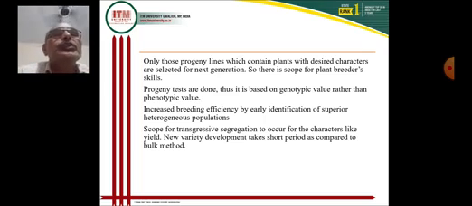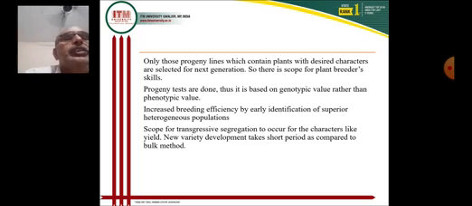Only those progeny line which contain plant with desirable characters are selected for next generation. So there is scope for plant breeders' skill. Progeny tests are done, thus it is based on genotypic value rather than phenotypic value.